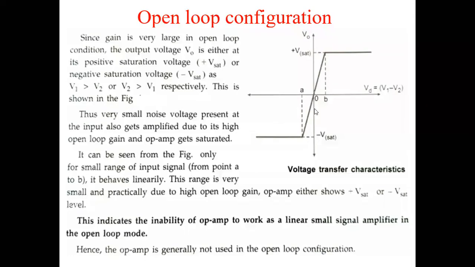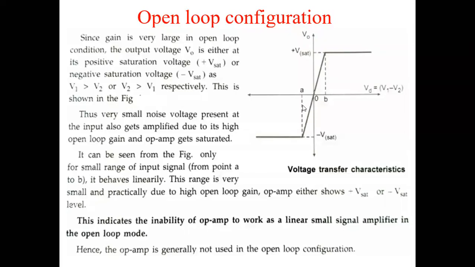If a small voltage is there, either plus or minus, and the difference of the two input signals is slightly greater than zero, then the output immediately goes to plus V sat. If it is negative, it immediately goes to minus V sat. So the range of A and B is very small, in the order of some microvolts.